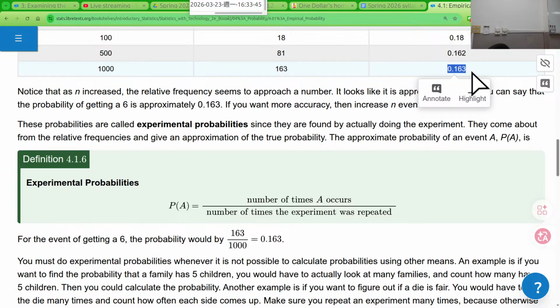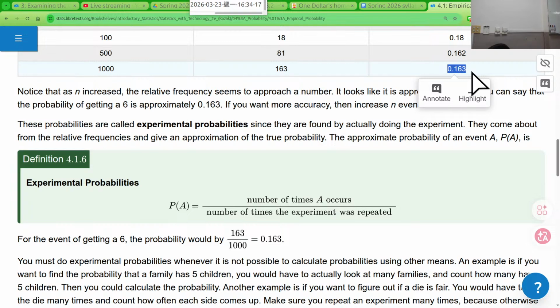In theory, if we throw 1,000 times, divided by 6, that would be about 166, very close to this number. That is a theoretical probability. But according to the case here, that is based on experiments. Sometimes the experimental results are very close to the theoretical results, because the die is fair.